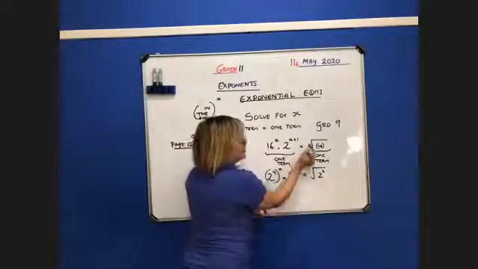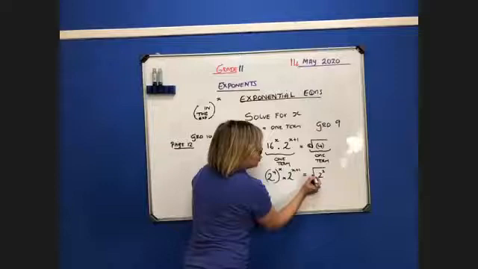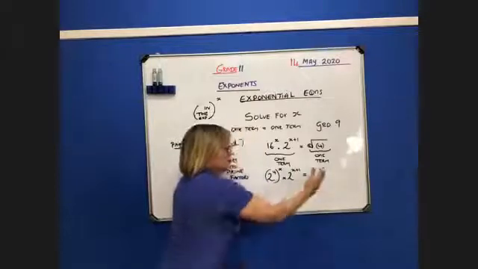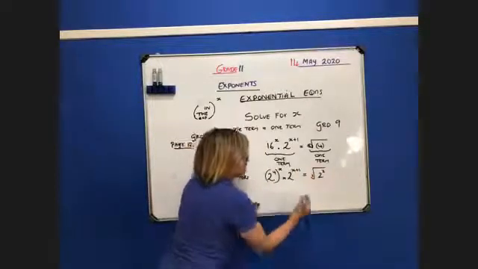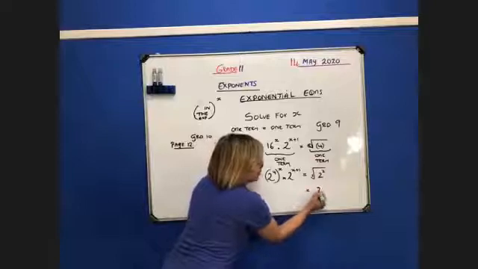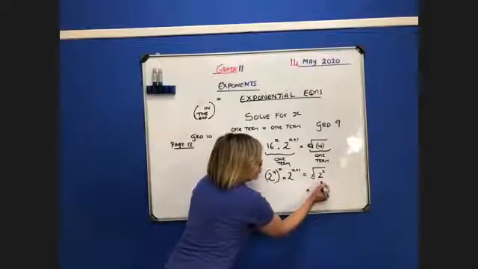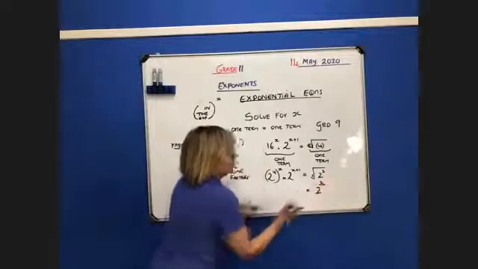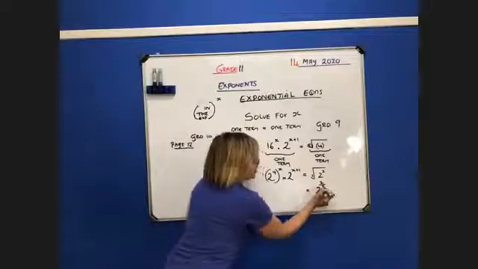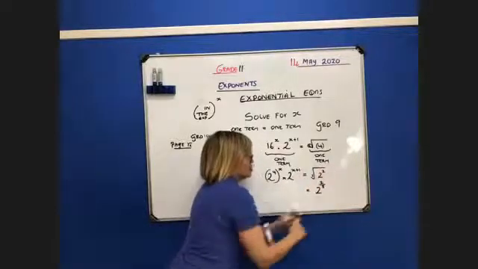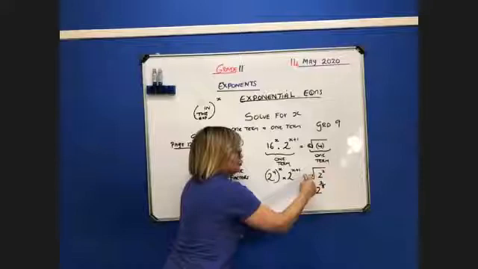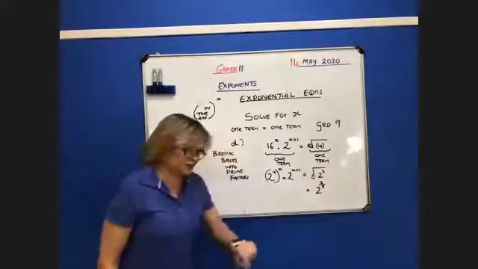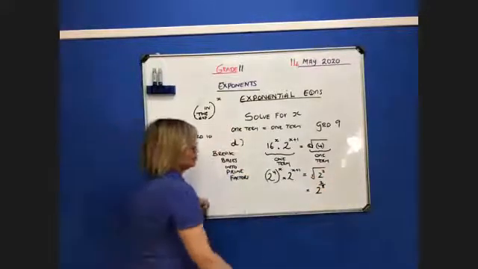And this is the 5th root. Now, do you remember I've shown you to take the root, you write your base, and you divide your exponents like that. So whatever the root is becomes the denominator of the fractional exponent.